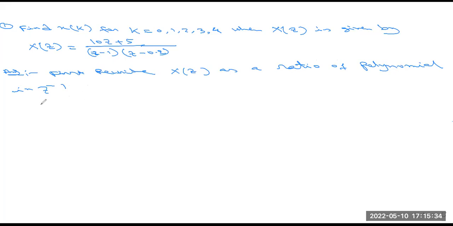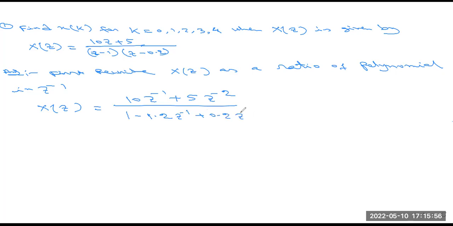Okay, so now the equation is coming: X(z) equals 10 z inverse plus 5 z inverse 2 divided by 1 minus 1.2 z inverse plus 0.2 z inverse 2.